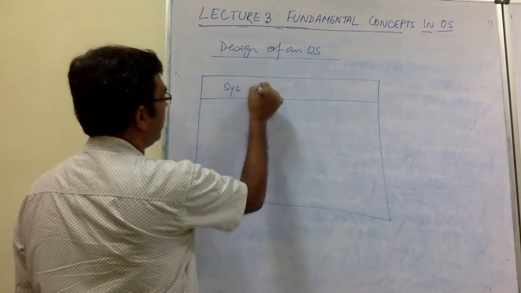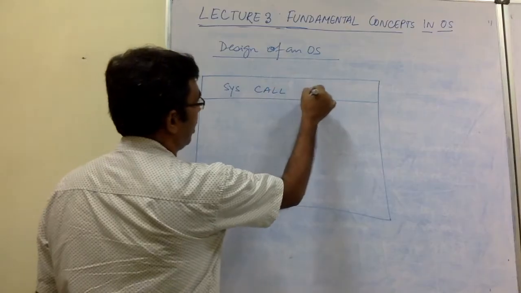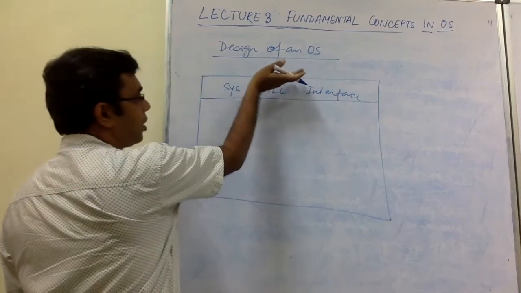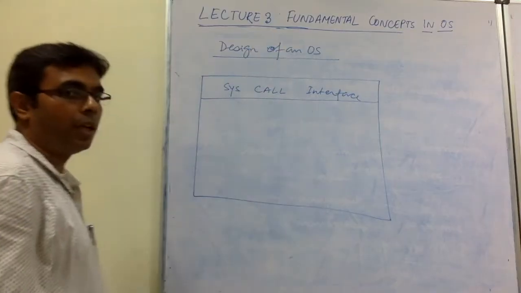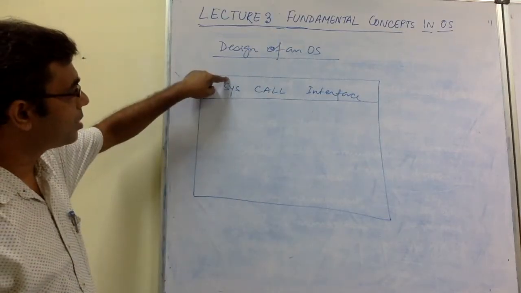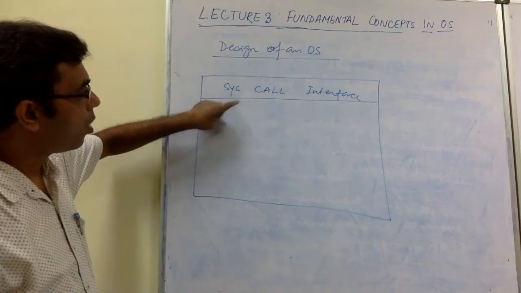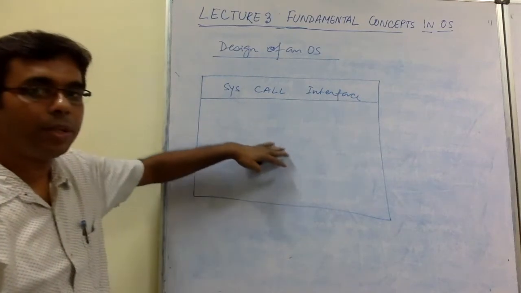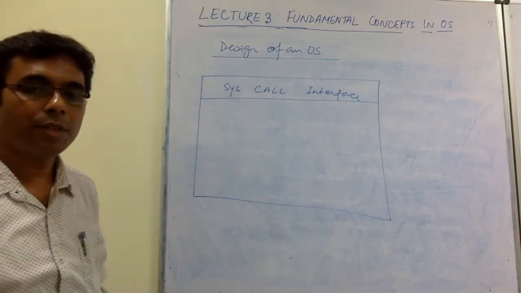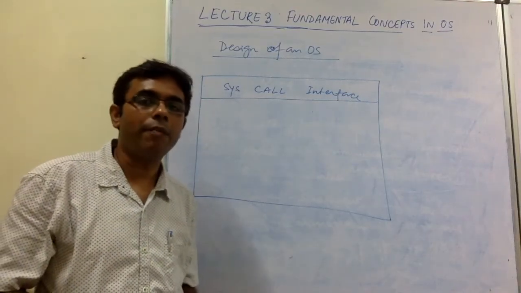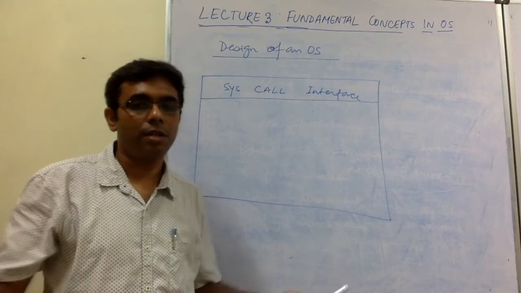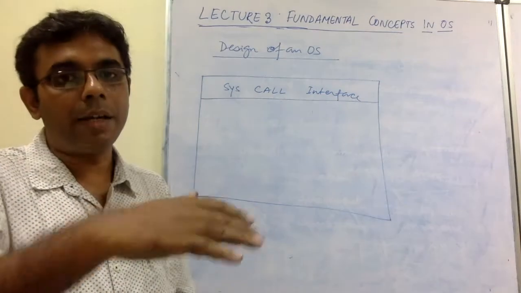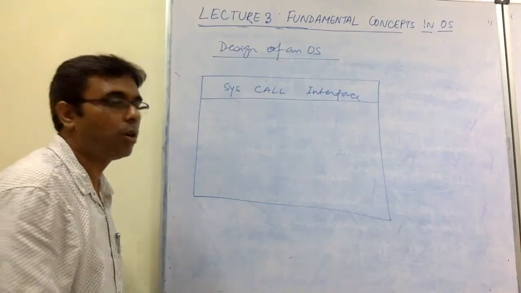What interface? The syscall interface, so that applications which sit on top of that can utilize this system call interface and perform any one of the modules that I will be describing next. So the first thing that we should have in any operating system, specifically the kernel, is an interface called the system call interface.